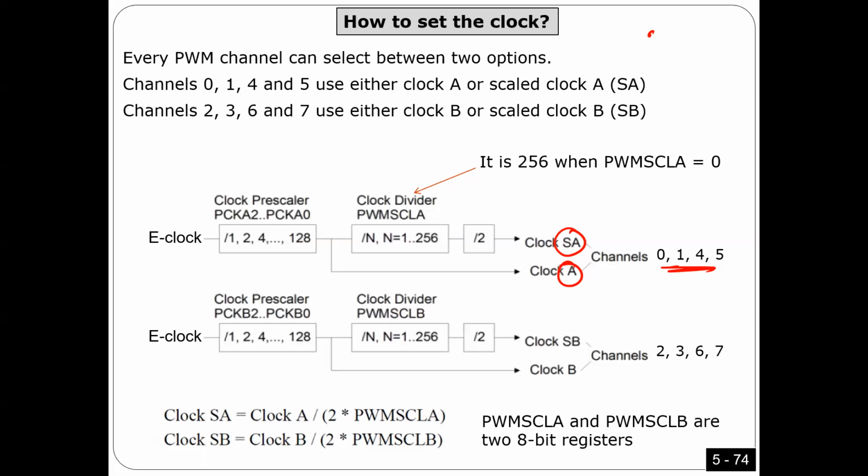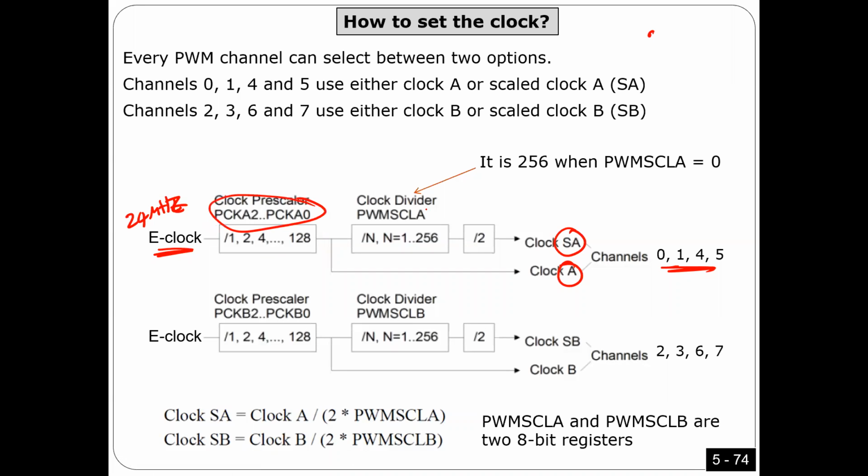Look here, guys. We have the system clock, which is 24 megahertz. I'm going to divide it by prescale. This prescale should be in a register, with these values here.